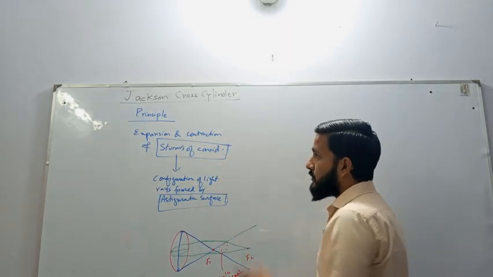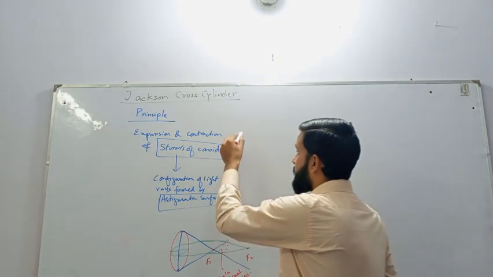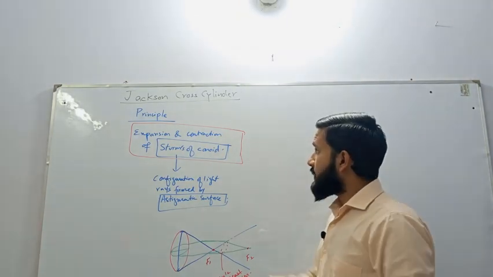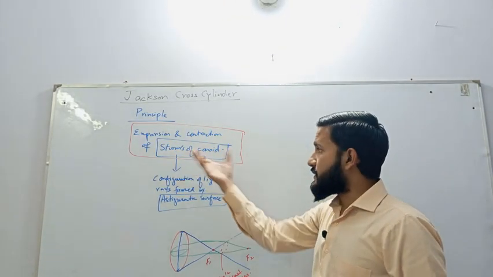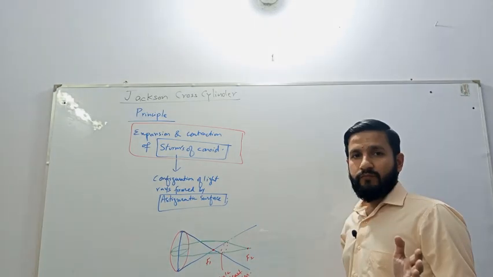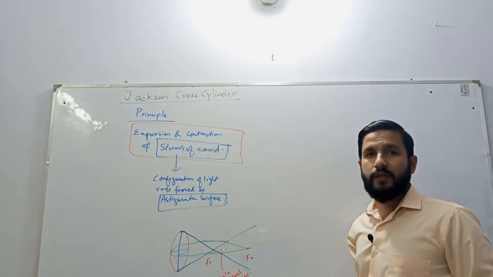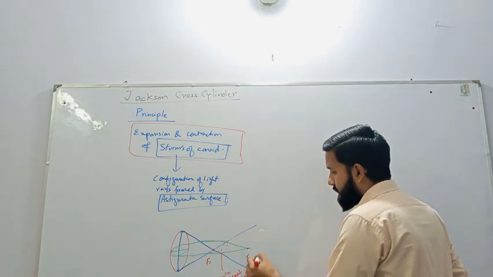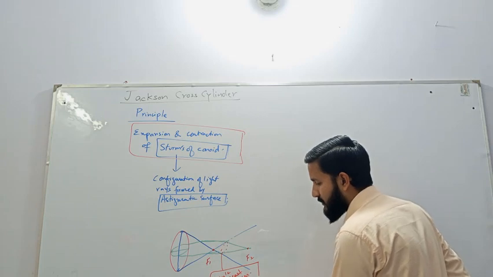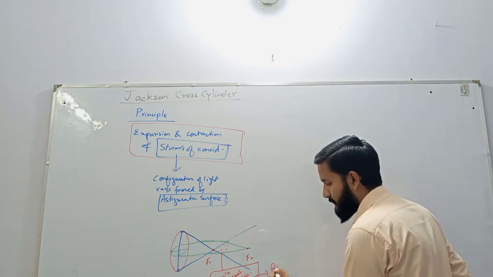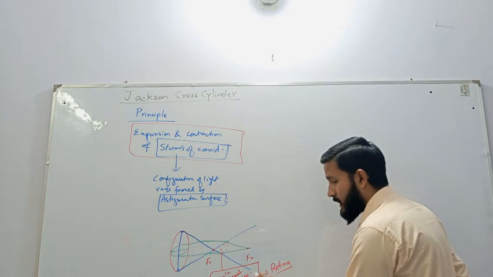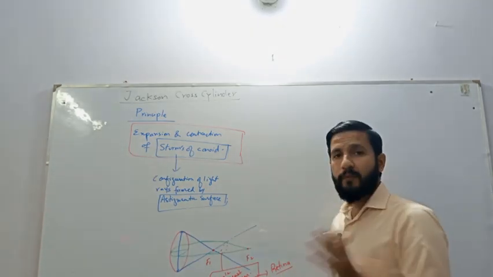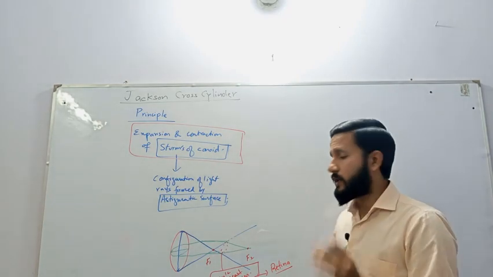So now we will move on towards how Jackson Cross Cylinder is basically expanding and contracting this Sturm's conoid. Before you start the procedure of Jackson Cross Cylinder, it is necessary that this circle of least confusion must be on the retina of the patient. If it is not present on the retina of the patient, it means that you cannot perform Jackson Cross Cylinder accurately.